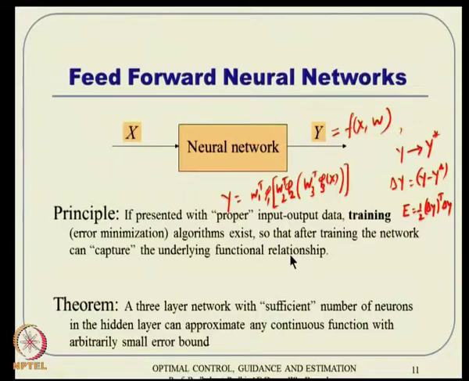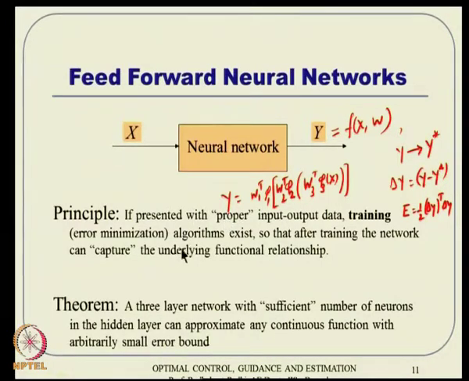That means once the function is fit, then given different data, remember x are a bunch of numbers, if you have fed a bunch of numbers and got some y star and trained the network in such a way that delta y is minimum, that means these weights are selected in such a way that delta y is minimum, so the functional relationship is captured. In other words, if I present a different set of input state x, I will again get a similar output that I would otherwise have got using all these ideal conditions. So this is the idea of neural networks.